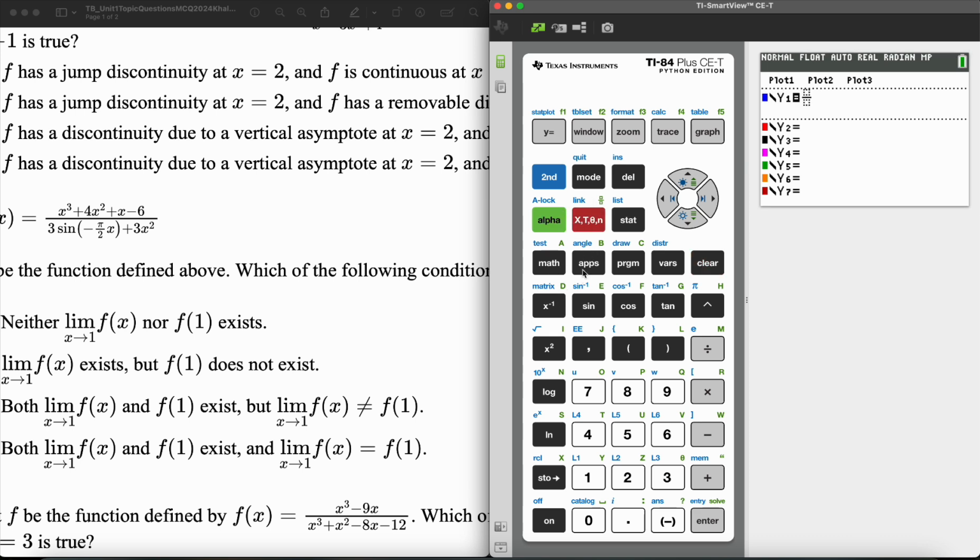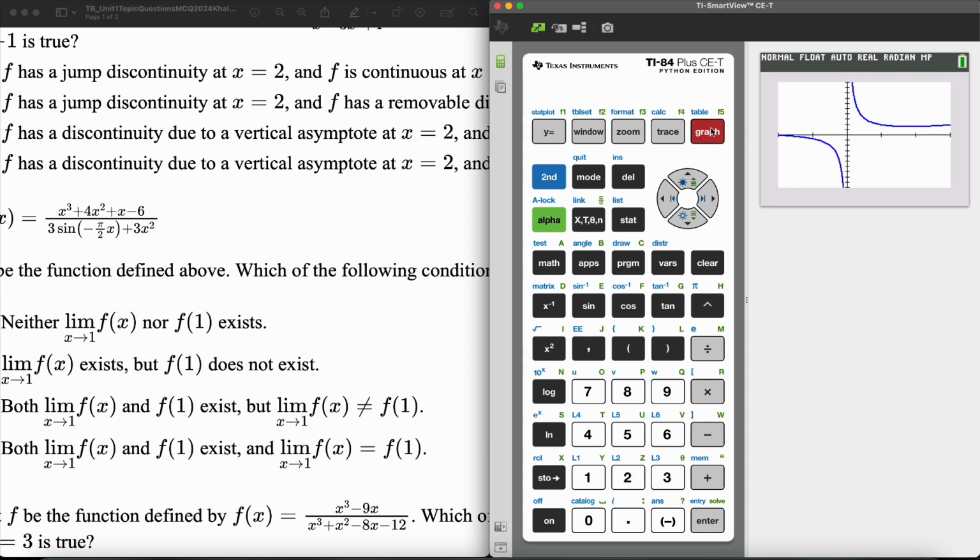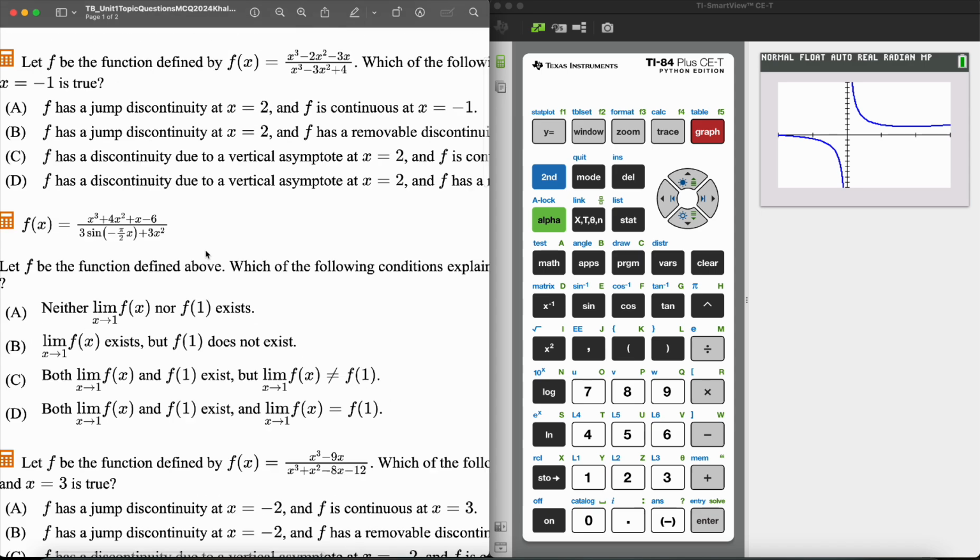So x cubed plus 4x squared plus x minus 6, 3 sine of negative pi over 2 x plus 3x squared. Let's graph it and see what's happening.